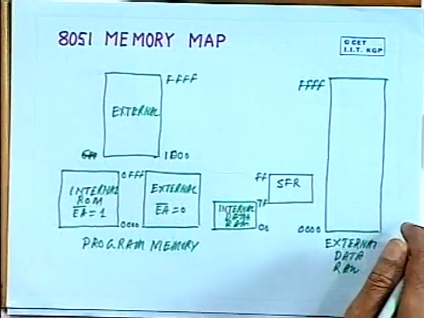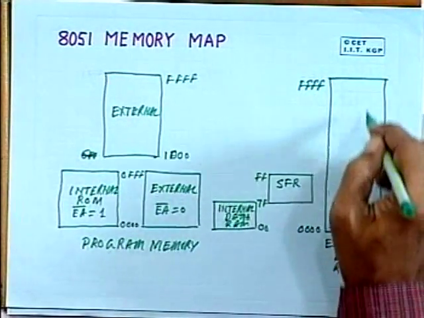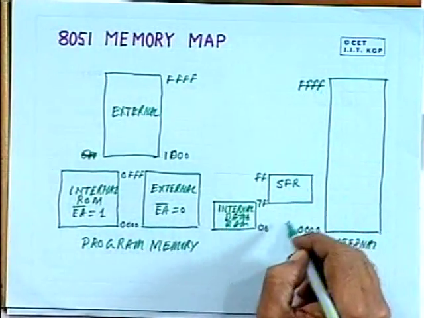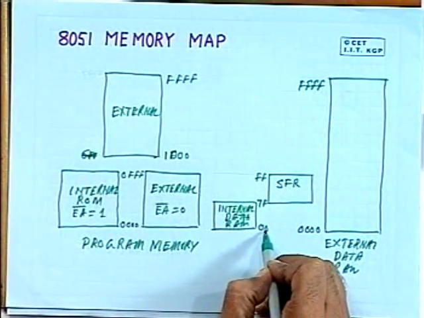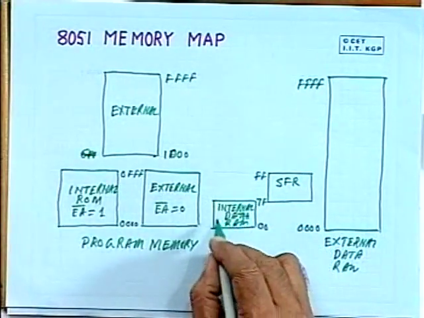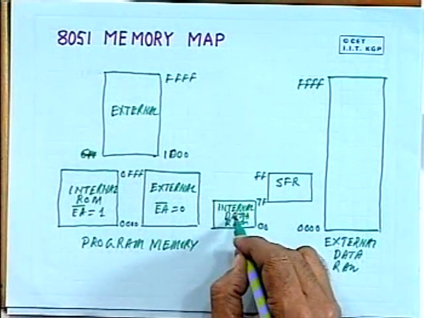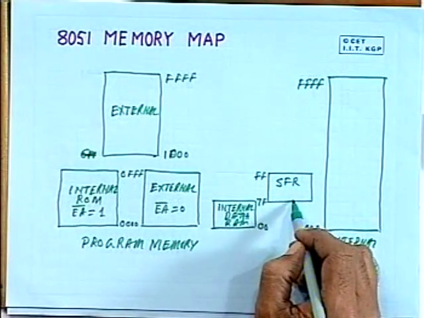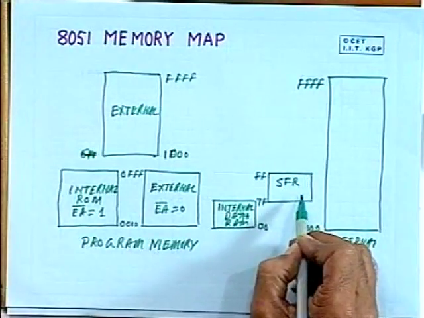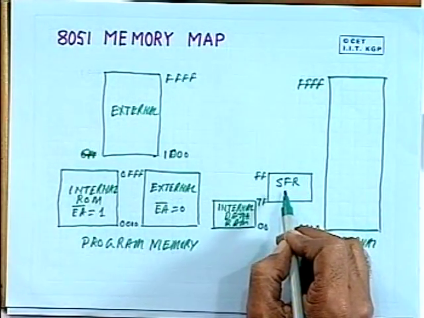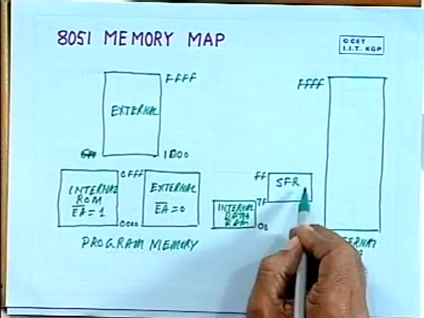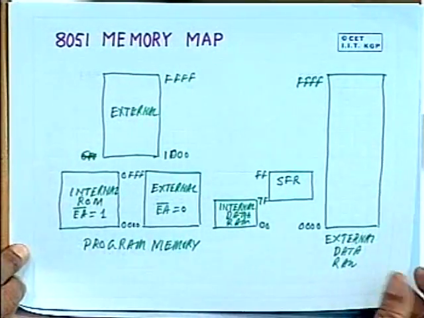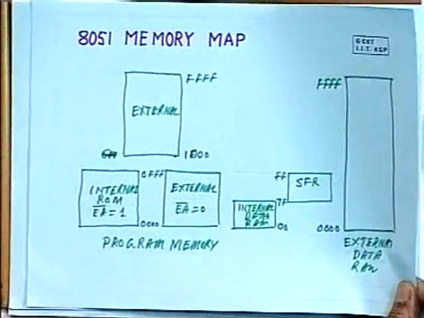So you see, simultaneously you can have external RAM starting from 0000 to FFFF, and also you can have internal RAM from 00 to FF. However, only 128 bytes are used as data RAM, and the rest of the locations are mapped by the special function registers. So this is how the on-chip RAM and ROM is provided in your 8051.